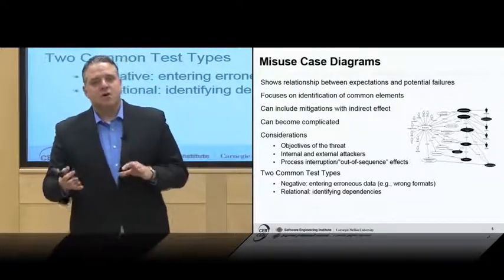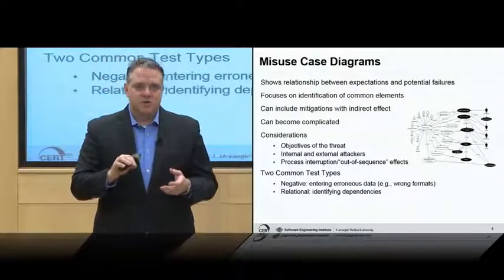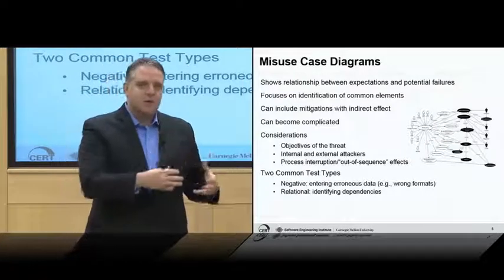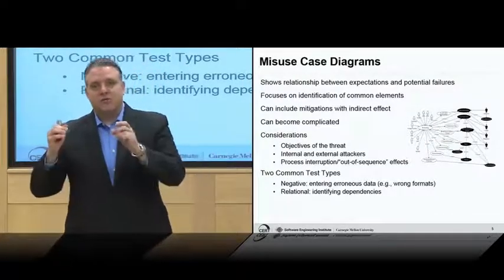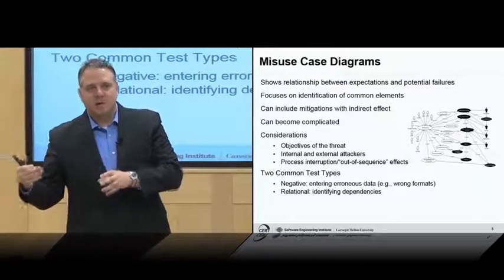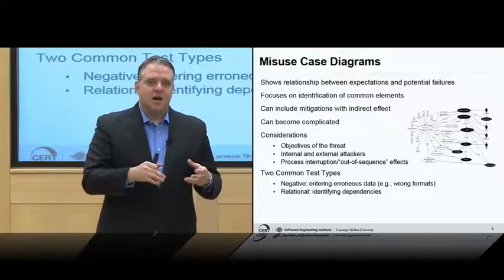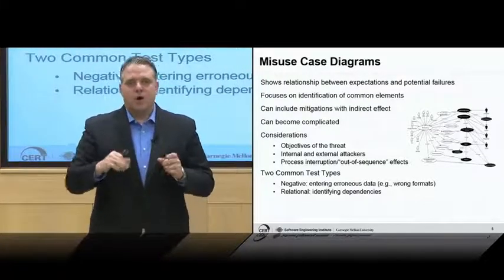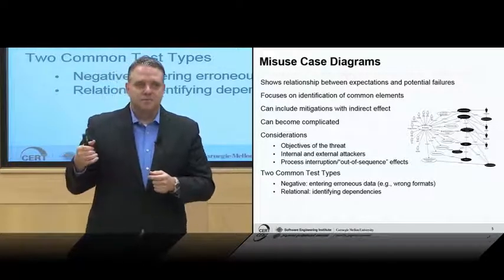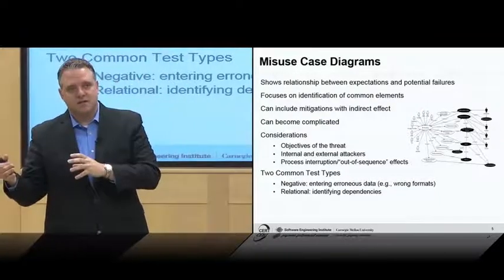Well, use something called the misuse case diagram. And this is a diagram that you can draw out that shows the relationship between what you expect the program to do and what you think might happen, what you hypothesize might be the failure of the program. And it really focuses on identifying the common elements of the program and what inputs can be used, modified, or changed such that the program does something unexpected.